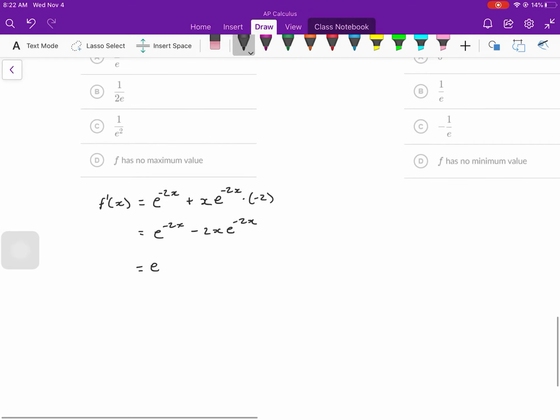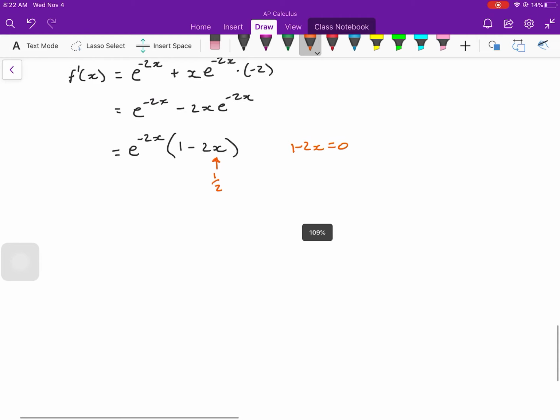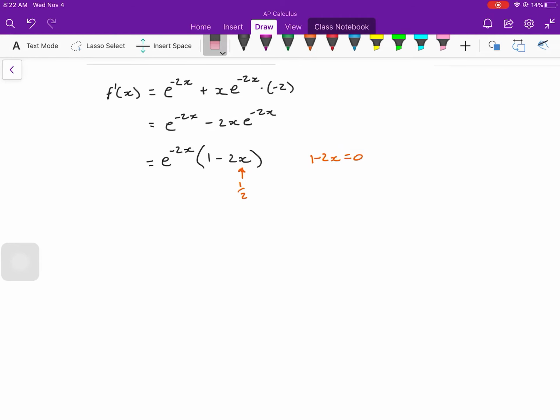And we're going to go ahead and factor out the e to the negative 2x. So this will never be 0. So really the only thing that we have here is x equals 1/2. And if you ever forgot to do that, you could just set 1 minus 2x equal to 0, solve for it, and find that value of x.